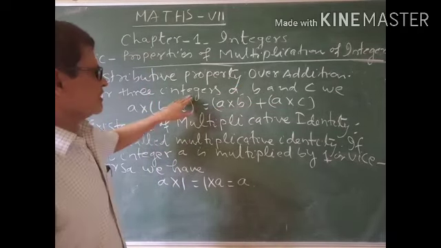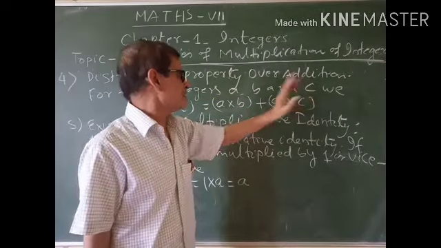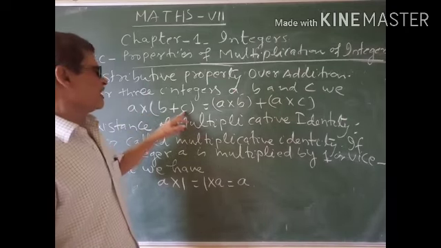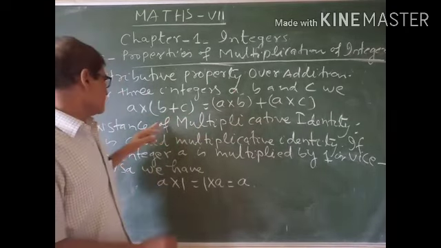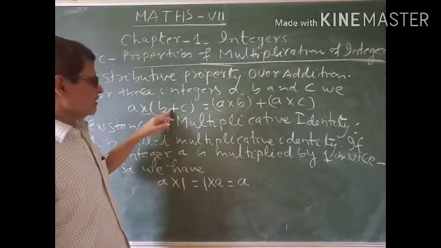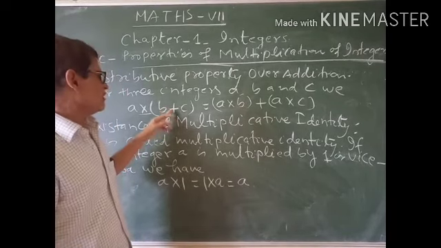Let us consider three integers a, b and c. Then we can write here a into b plus c. Here we see there is multiplication sign, and here we find there is addition sign.